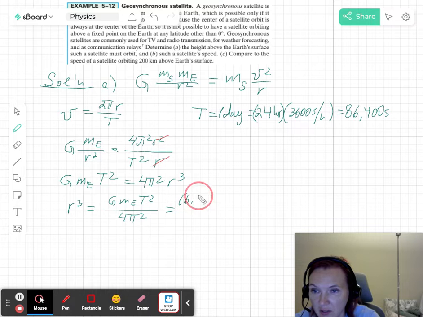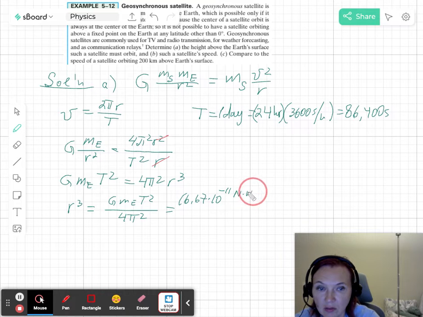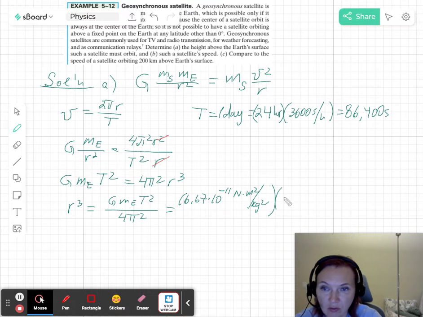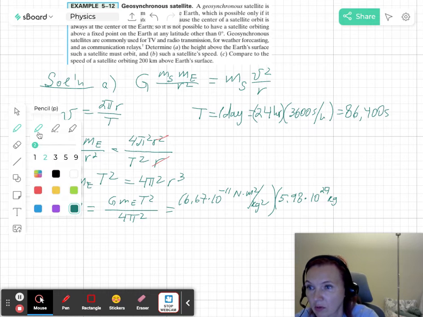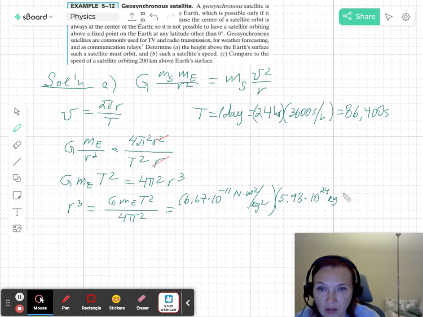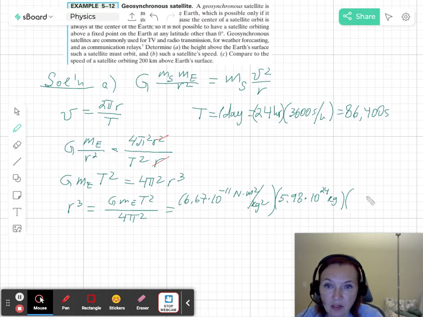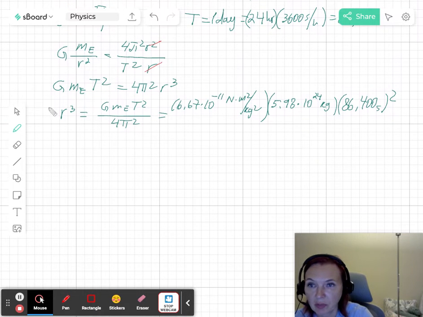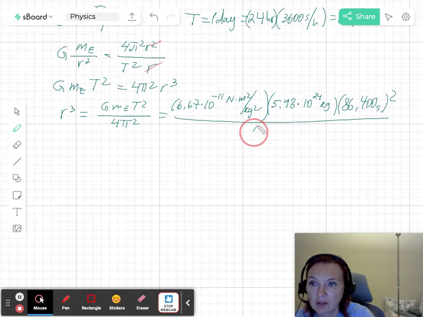So I have 6.67 times 10 to the negative 11 newton meters squared per kilogram squared, multiplied by the mass of the Earth, which is 5.98 times 10 to the power 24 kilograms, times T squared in seconds, 86,400 seconds squared, all divided by 4 pi squared.